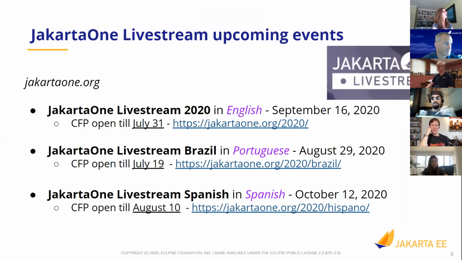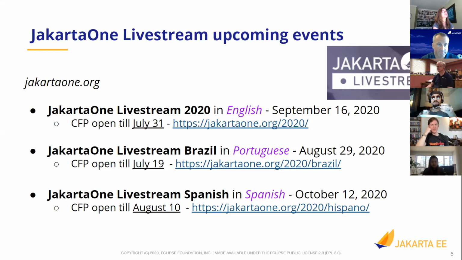So we want to highlight what's coming up in terms of the Jakarta One live stream events. As Kevin earlier pointed out, our annual Jakarta One live stream in English is right now targeted for September 16th. Call for papers is open till the end of July, and here is the link.